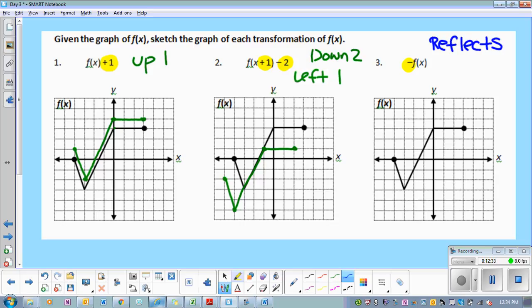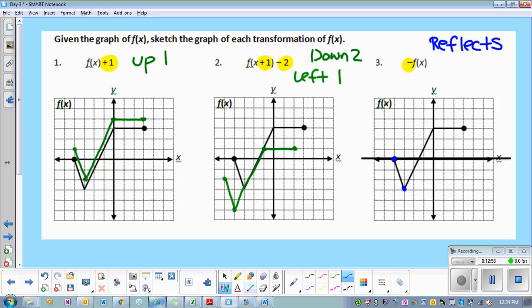So we're going to flip it across the x right here, right? So if I look at this point, it's right on the x, so you can't flip it, right? It's just there. Leave that one alone, okay?